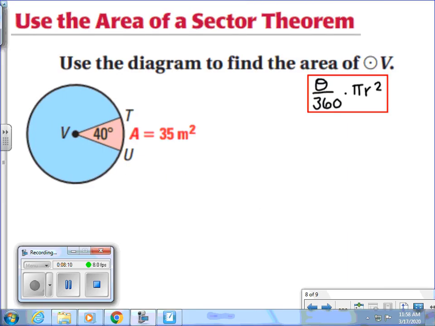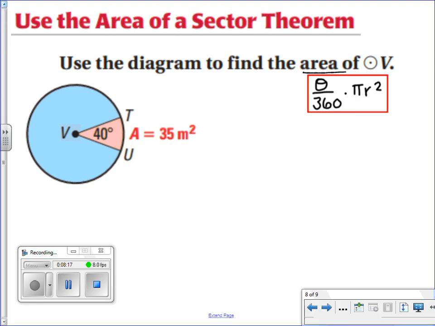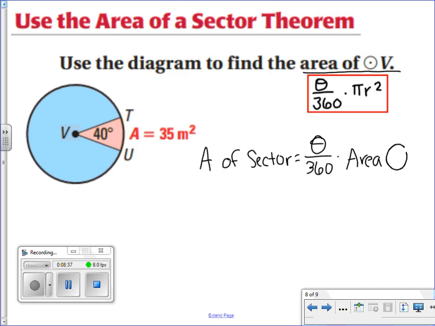For the next problem, I know the area of my sector, but I want to figure out what is the area of the entire circle V. So area of a sector is equal to theta over 360 times the area of circle V. So this is what we are going to want to solve for.